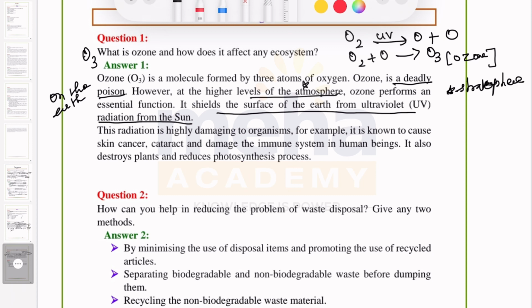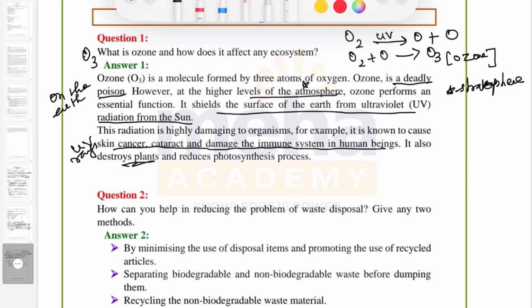If it is not protecting us, the UV rays from the sun are harmful: they cause skin cancer, cataract, and damage the immune system. They also destroy plants.